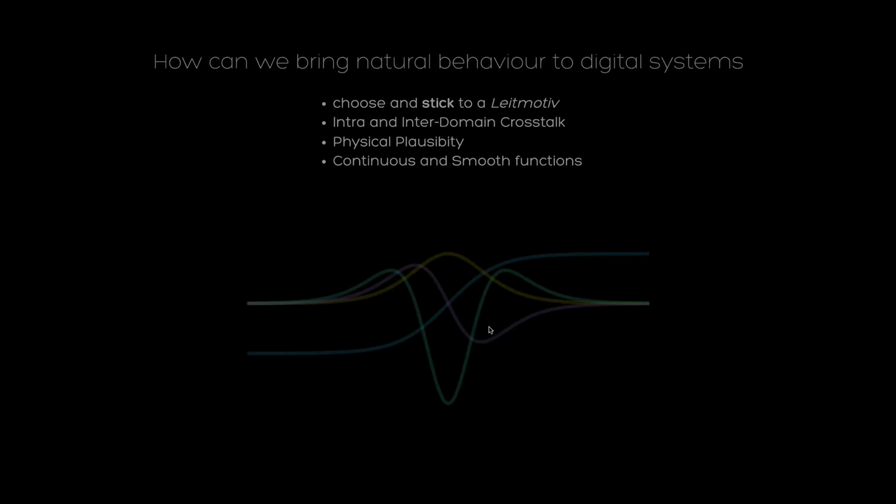By introducing domain crosstalk, we produce a system which finally reacts naturally. We need to limit ourselves to physically plausible functions. Nowadays in digital images, we can do whatever we like. We can come up with any type of expression or function or algorithm, and add it to an image. But only a very, very small subset of those functions produce natural behavior.